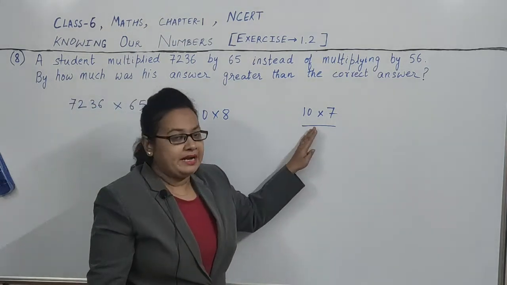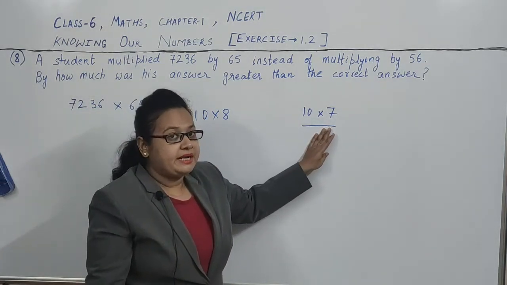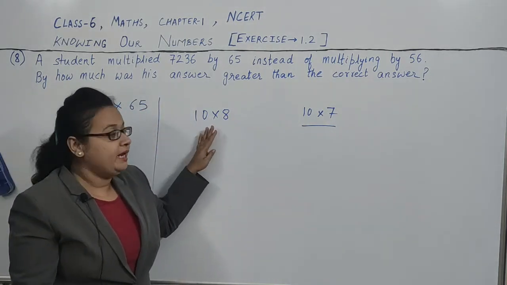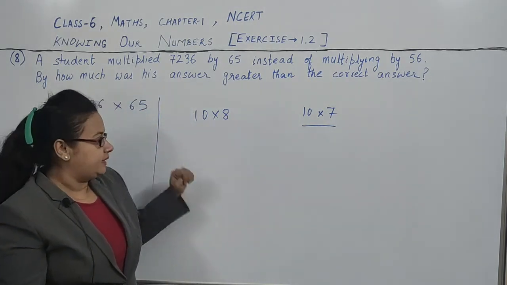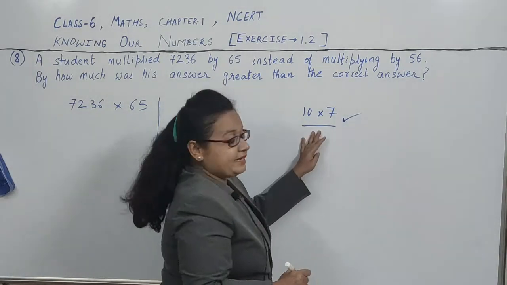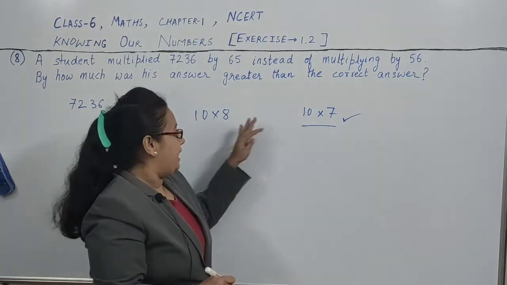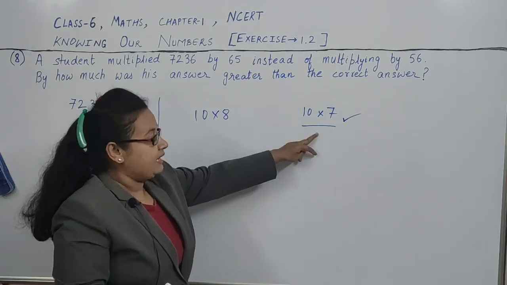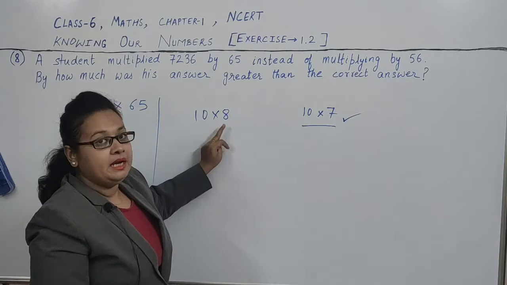I told you to multiply 10 by 7, but instead you multiplied 10 by 8.